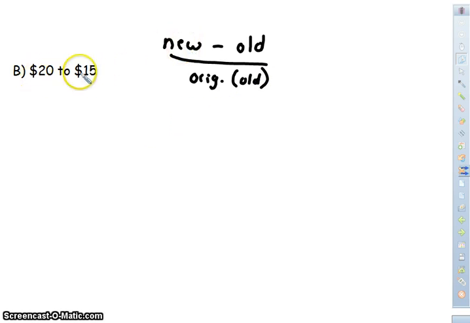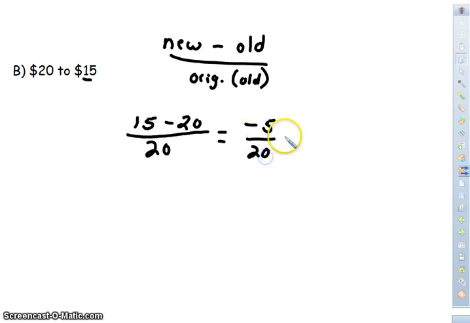So, new is 15, minus the old, which is 20, which is the original, divided by the original, which is 20. Now when we subtract this, we get -5 over 20, which equals -1/4, which then, as we've done in our mental math before, you can divide 1 by 4 and you're going to get -0.25, which equals -25%.